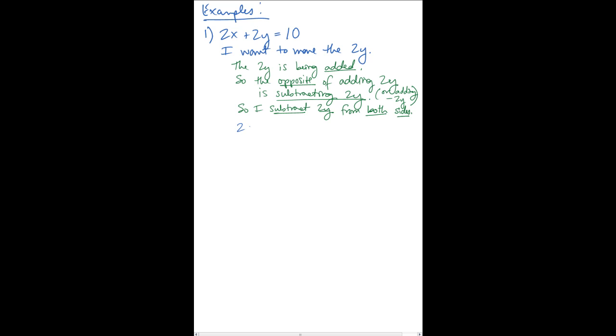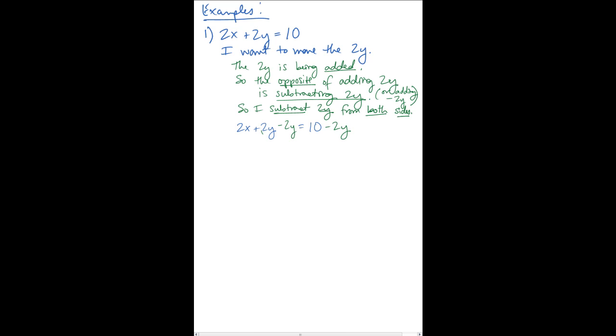So I have 2x plus 2y equals 10 to begin with, and I subtract 2y from both sides. And so what ends up happening?